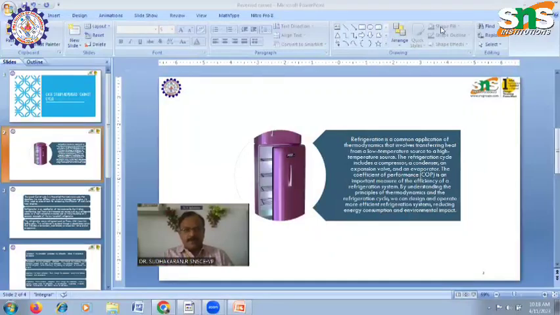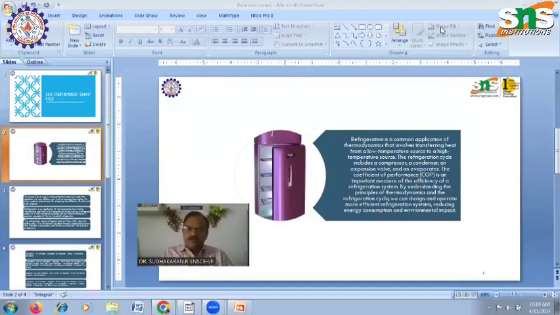A condenser is a device which is used for condensing the vapor refrigerant into liquid refrigerant. For condensing a vapor into liquid, the latent heat has to be removed from the vapor. So when the latent heat is removed, the vapor converts into liquid. During this conversion of vapor into liquid, the pressure drops.